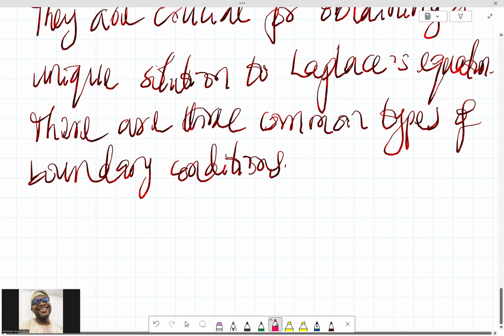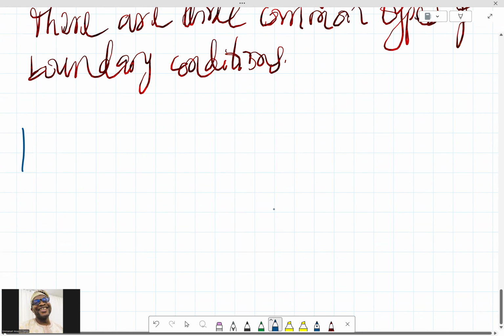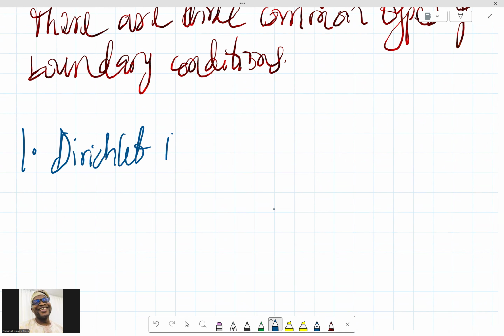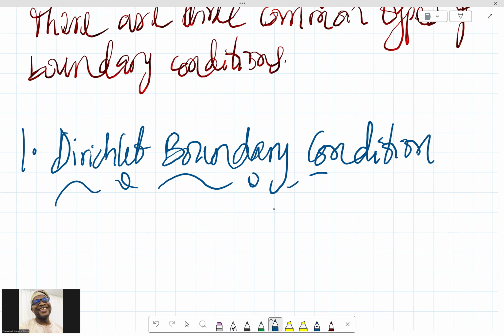The first type is called the Dirichlet boundary condition.